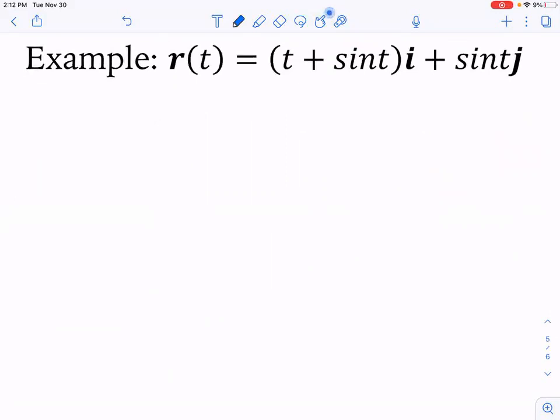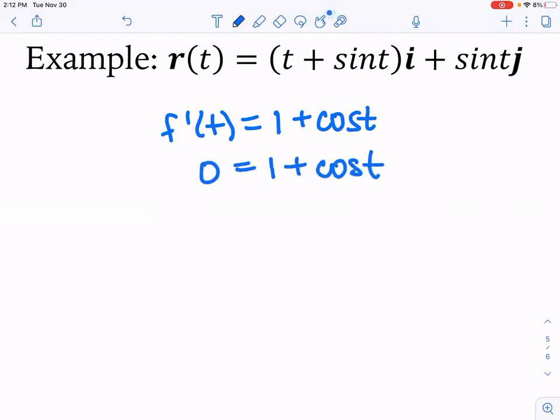All right. So is this a smooth curve? Well, f prime of t would be 1 plus cosine of t. So essentially, we want to know where the cosine is -1. Where does that occur?